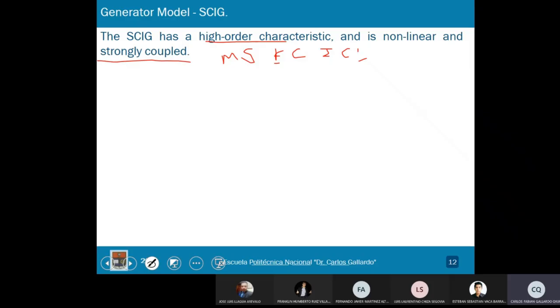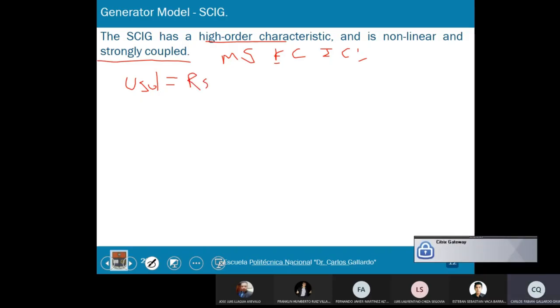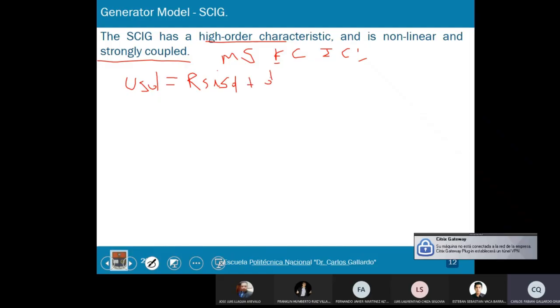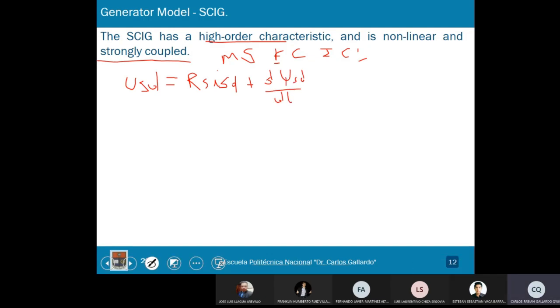This is the stator voltage on the D-axis, equal to the stator resistance times the stator current on the D-axis, plus the derivative of the stator flux on the D-axis, minus the synchronous speed times the stator flux on the quadrature axis. This is for the stator.